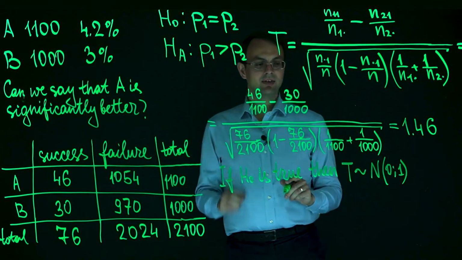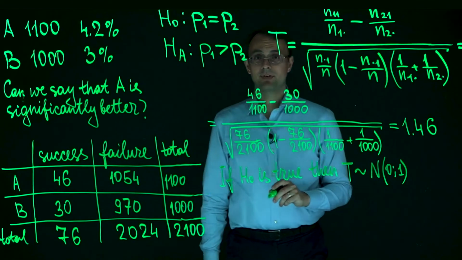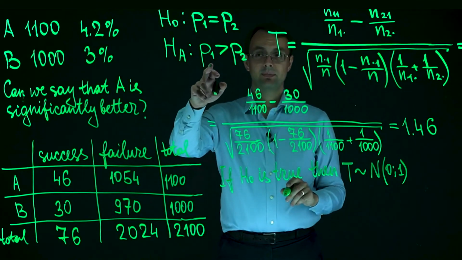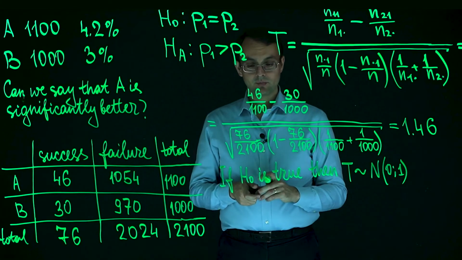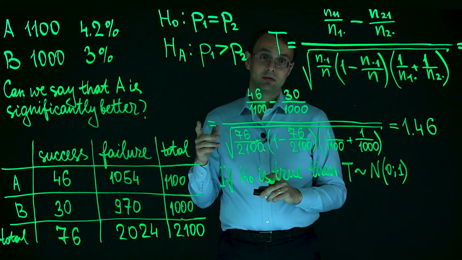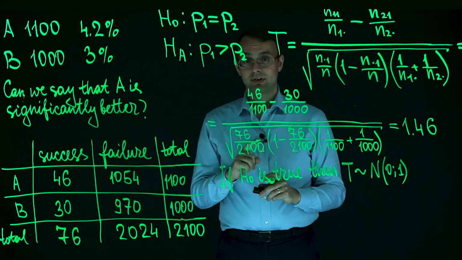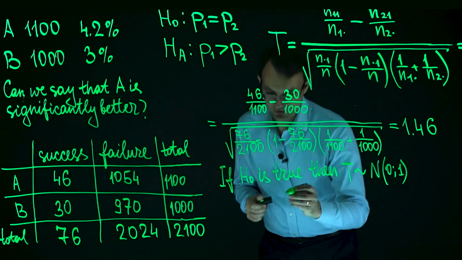And we say that as we have the null hypothesis, P1 greater than P2, then we will have a right-tailed critical region.